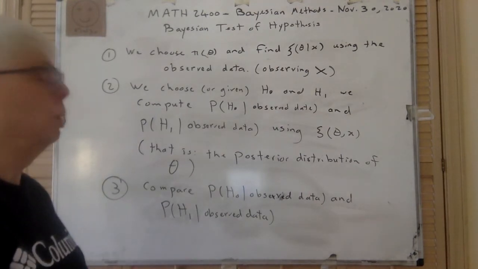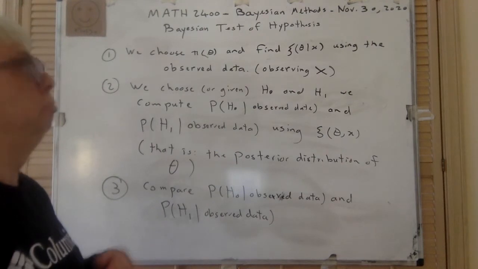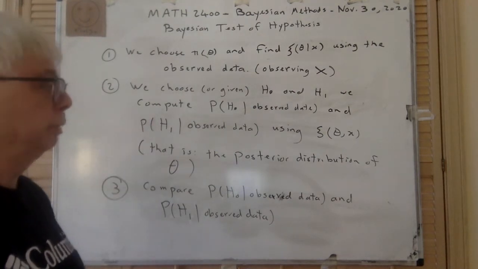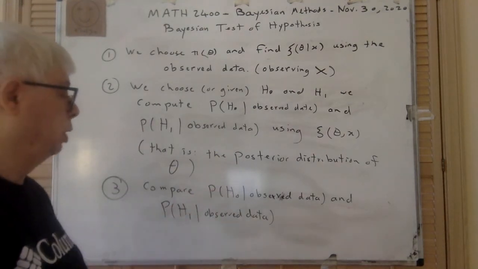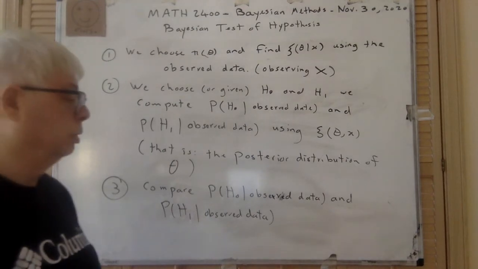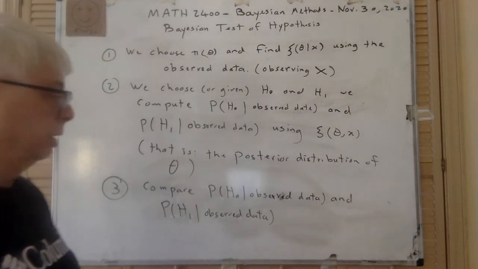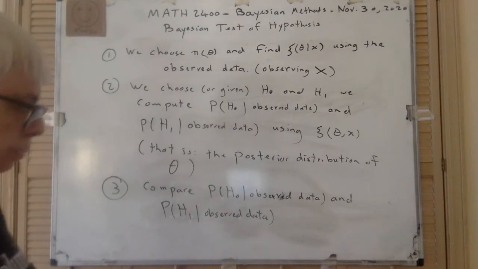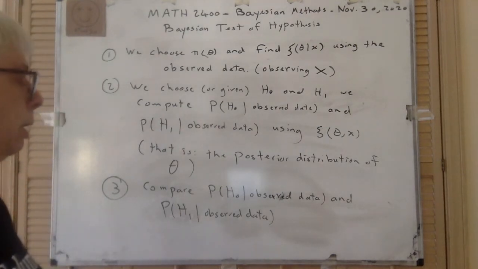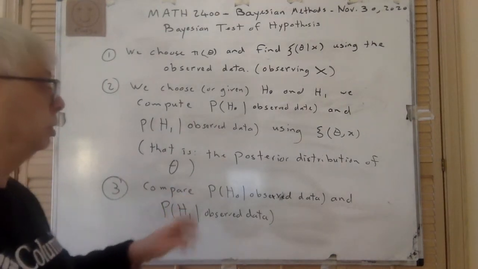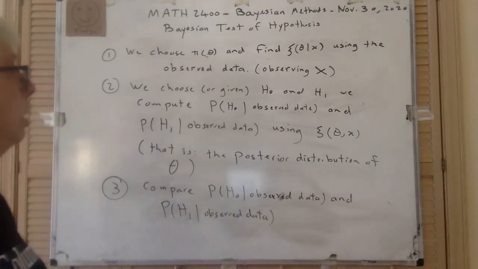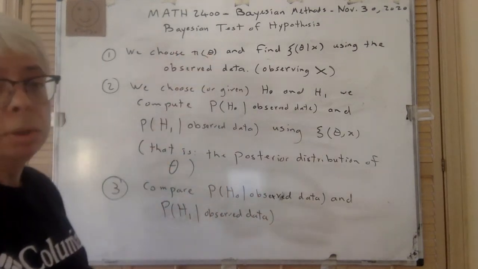Or you might say it has to be twice as big to give you enough confidence that you accept H0.